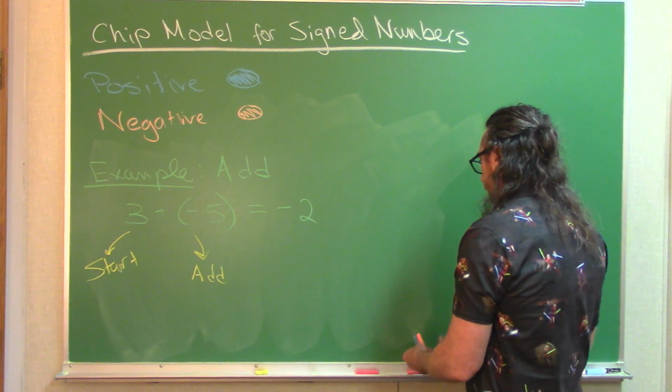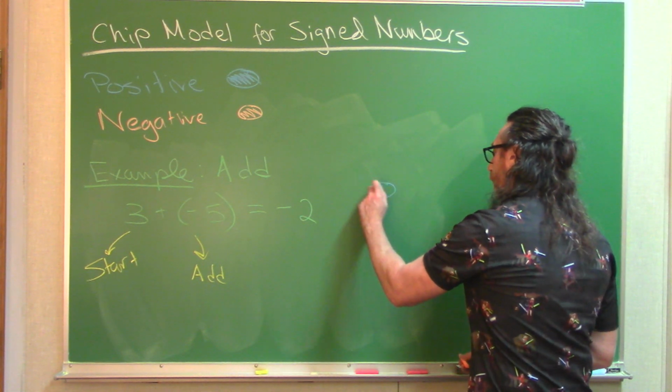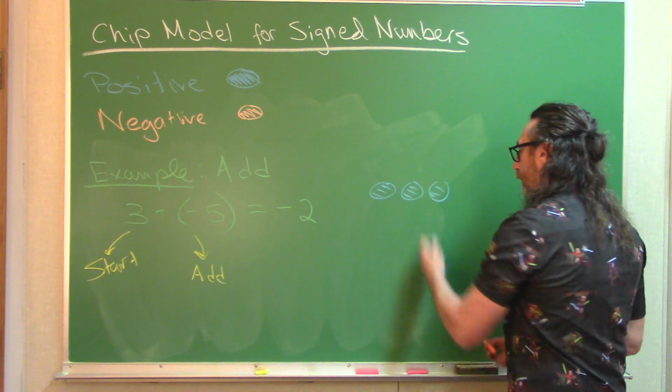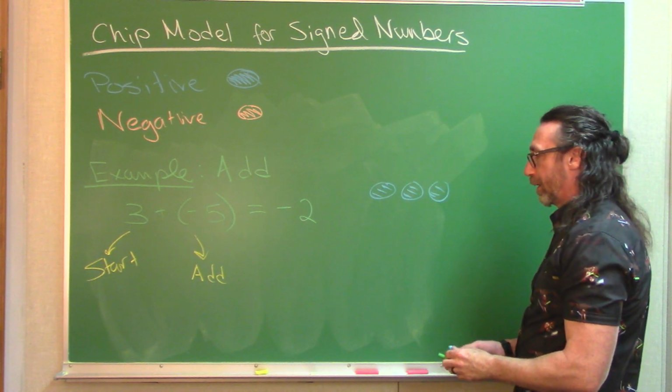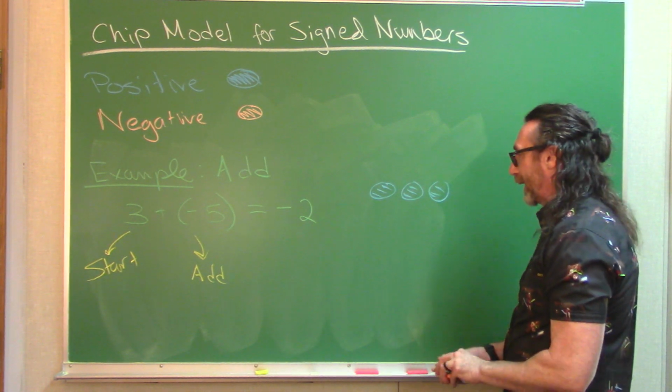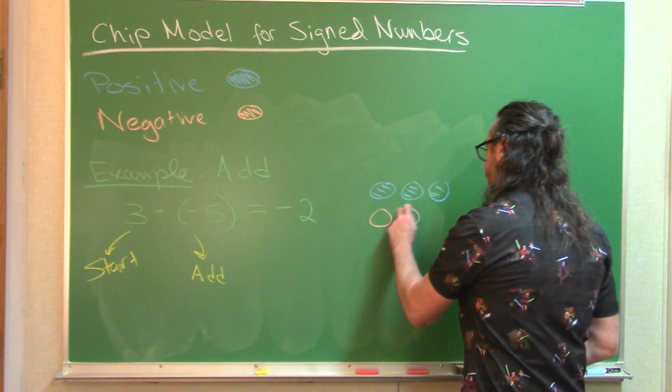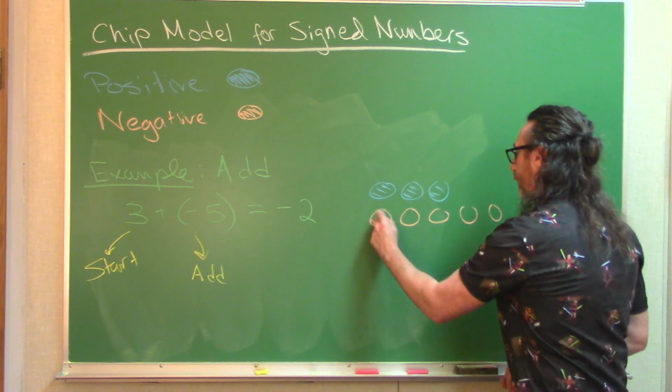Okay, so I'll start with my 3 positive chips. 1, 2, 3 positive chips. And then I will add 5 negative chips to this model. 1, 2, 3, 4, 5.